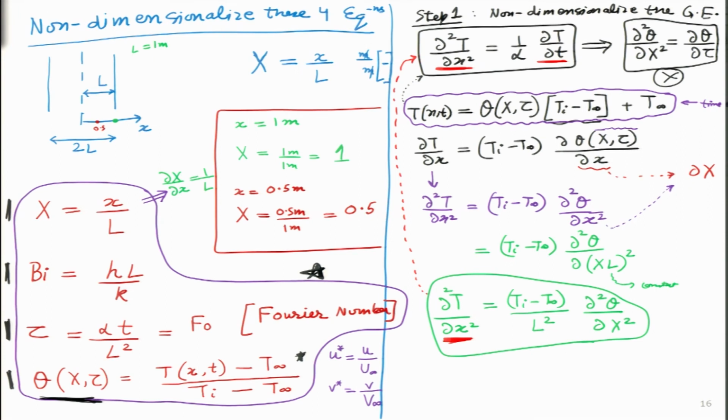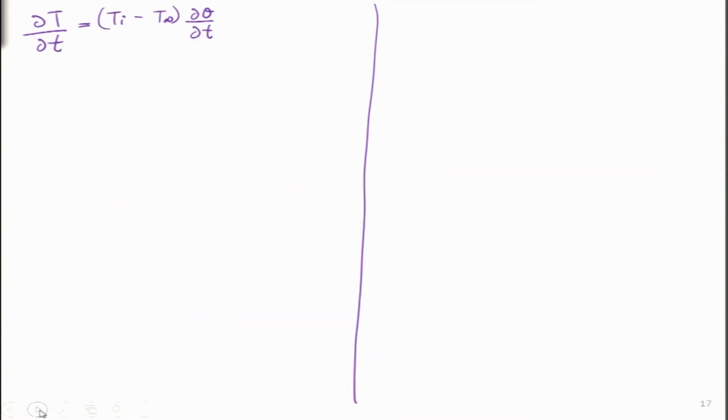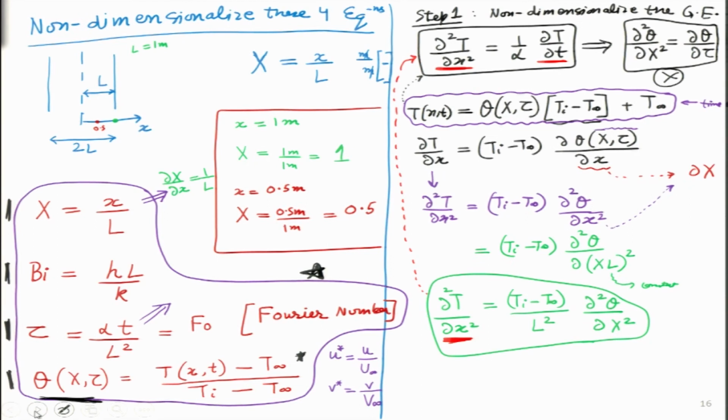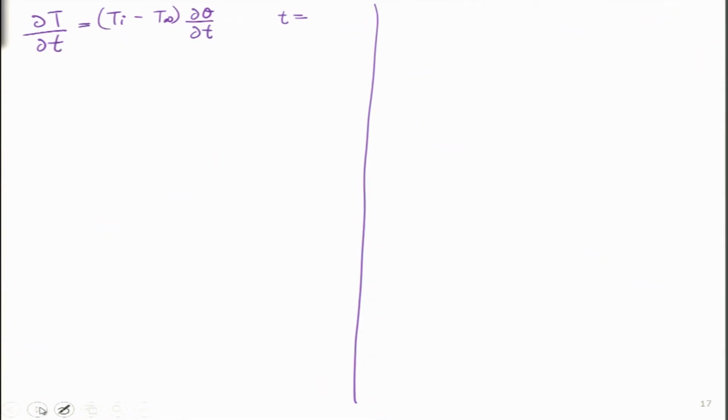Now what I am going to use is this particular relationship, because I want to convert t into tau. So from this particular relationship I can say that t is essentially tau L square by alpha. Let me substitute this thing over here.